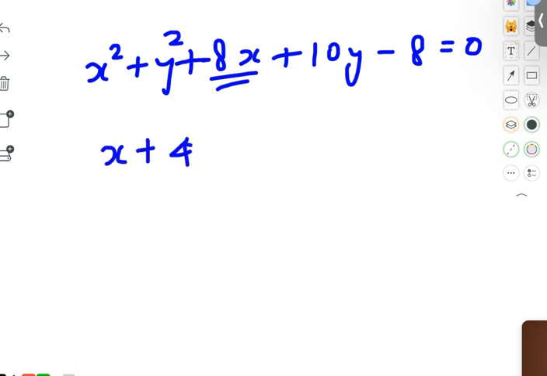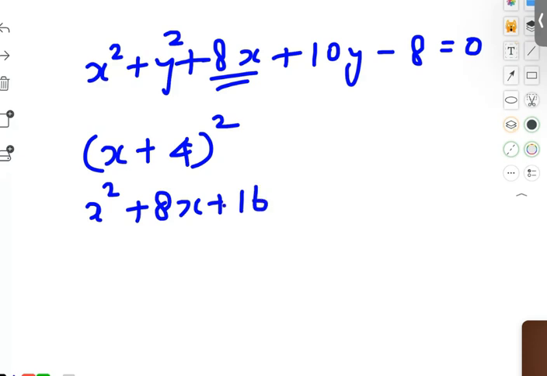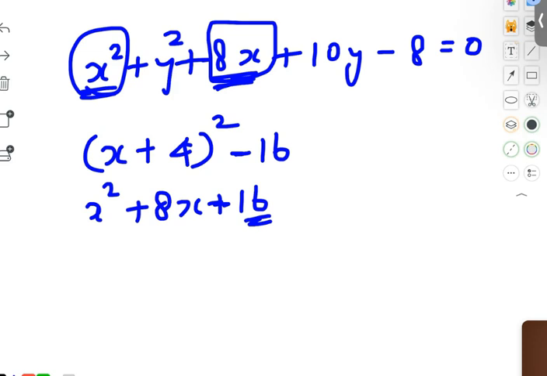X plus 4 the whole square, right? But it has only x square and 8x, so I have an additional 16. So subtract the 16 so that it's just x square plus 8x. I don't need the 16 here because it is not in the given equation.